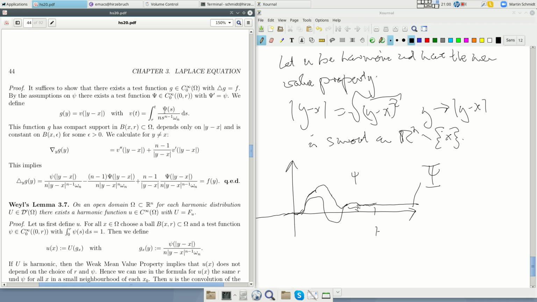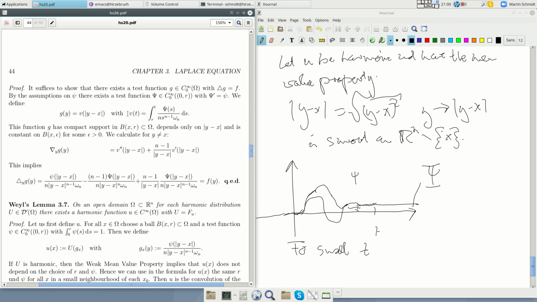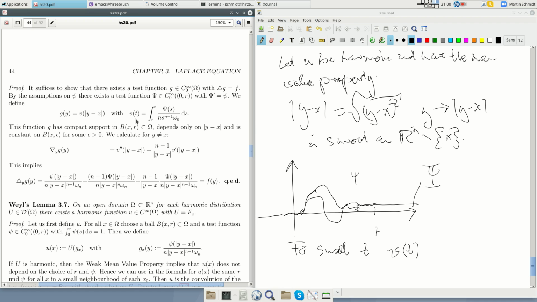But also for small t, what can we say about the function v of t? Because we know that for small s, psi of s is 0.